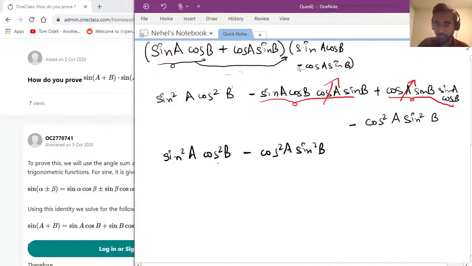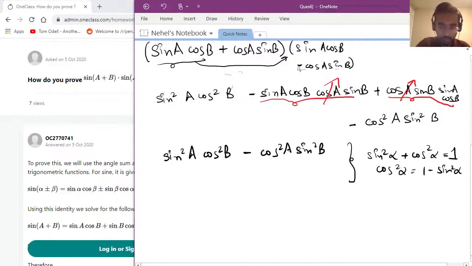Since the final answer we need to prove is entirely in terms of sines, we need to get rid of these cos squares. A property we're familiar with is that sine square alpha plus cos square alpha is equal to 1. So cos square alpha is equal to 1 minus sine square alpha.